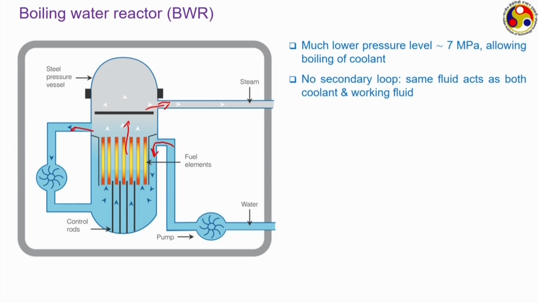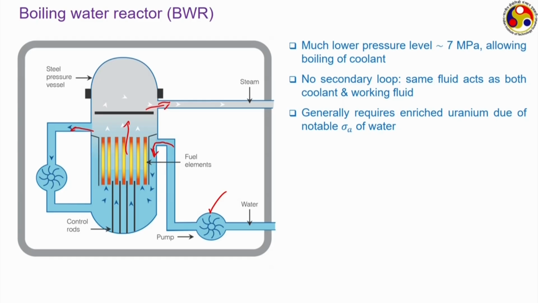Here the same fluid is acting as moderator, coolant, and also the working fluid, because the steam which is produced inside the reactor is directly going to the turbine. After the turbine, it will pass to the condenser, and then the resultant liquid will again come back to get pumped back into the reactor, which is here, which can be viewed as something like the feed water or recirculation water.